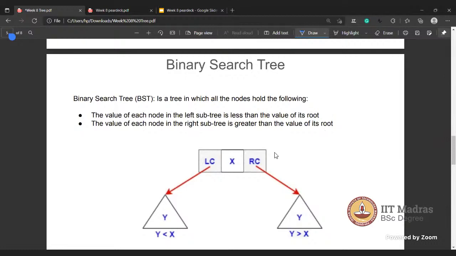Like this, suppose x, y, z. So in a binary search tree, y will be less than x and z will be greater than x, like this.